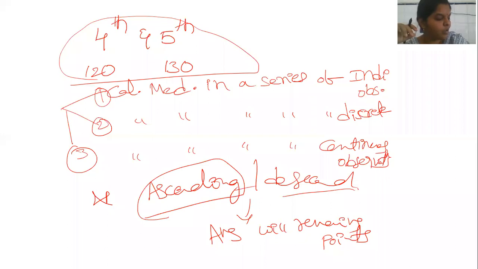So in that, first you need to put a subheading: calculation of median in a series of individual observations. Let us discuss it one by one. First one is calculation of median in a series of individual observations.